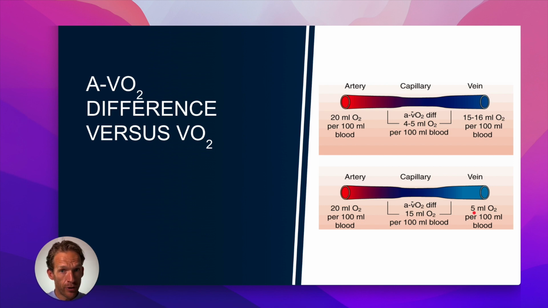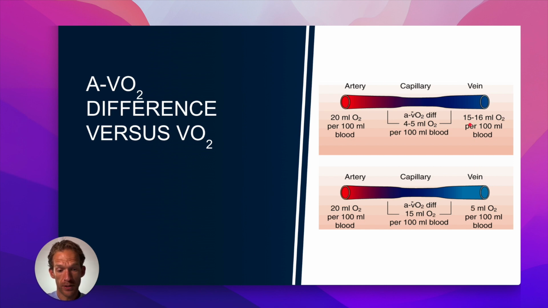It will never be 0 because it's mixed venous content. So the blood distribution always is in such a way that, yes, most of the blood will flow to the active tissues where most of the O2 will be extracted, but it's always mixed with blood that has passed other tissues that are not so active and have therefore not extracted all the O2. So you will never find values of 0 in mixed venous content, although the values are definitely a lot lower than during rest.